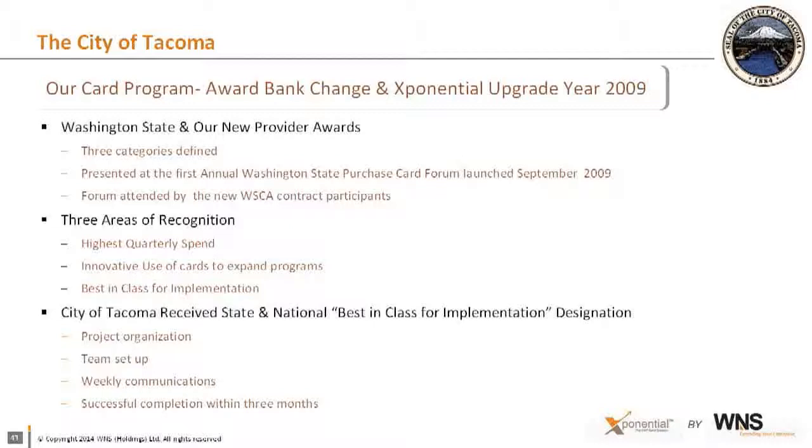The 3 areas of recognition were the highest quarterly spend, innovative use of cards to expand the program, and best in class for implementation. Our implementation was so successful, we were awarded the best in class implementation by the state, and we were nationally recognized by our provider at the first ever Washington State Forum.